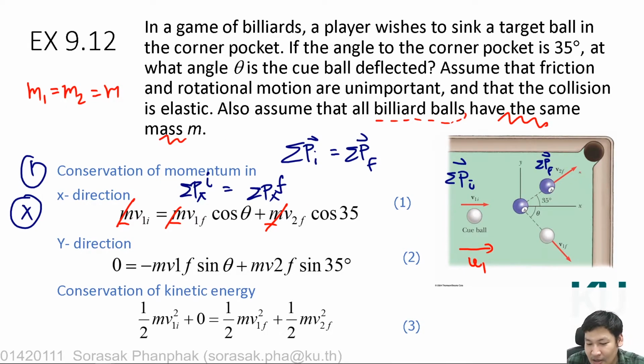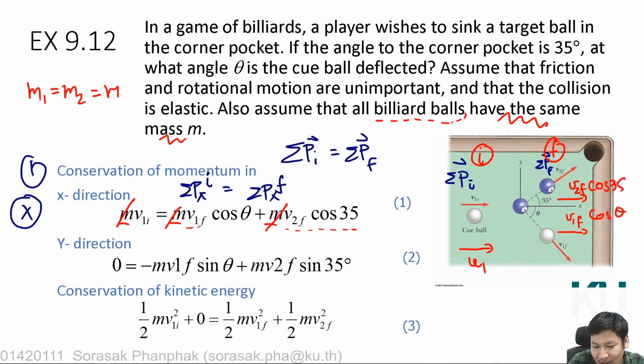In the final event, you get the term along x, which is v2f cos 35, and v1f cos theta.